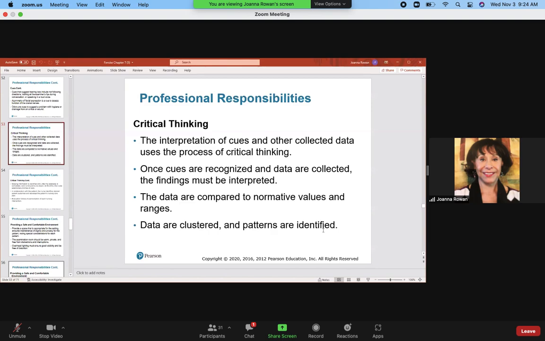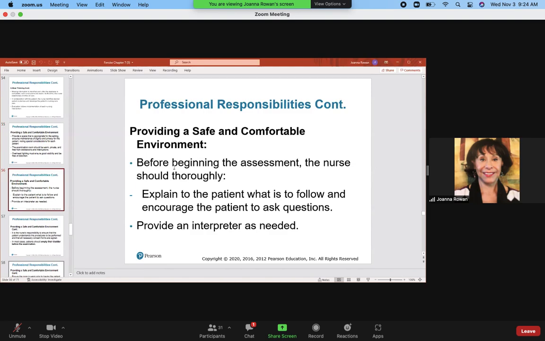So you are identifying all these patterns that are leading you to the diagnosis, which is anemia or the patient is bleeding. So it is your responsibility as a nurse, when you are doing a physical assessment, to be able to identify the cues and compare them to the normative values.